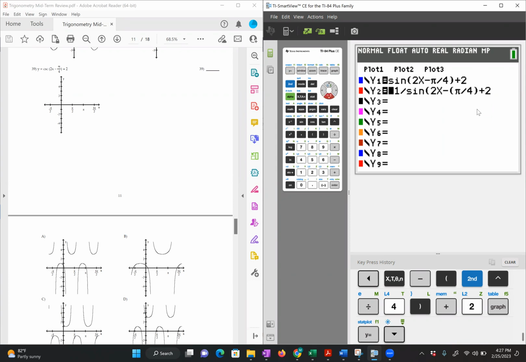All right, so let me try one little thing here because we don't have cosecant on the calculator. Maybe if I put parentheses around the 1 over sine.